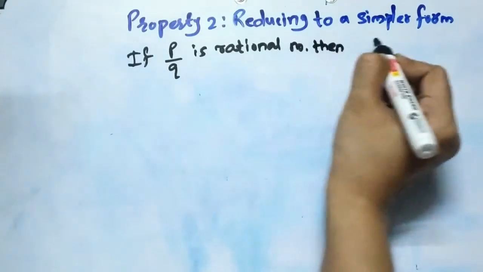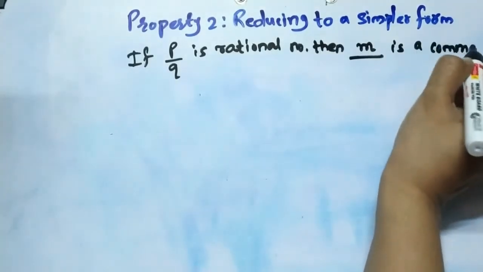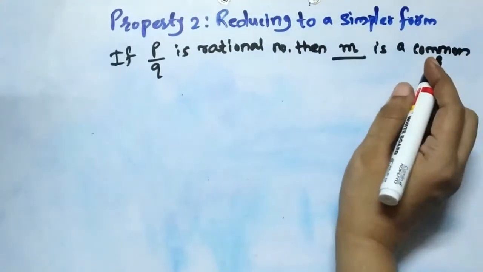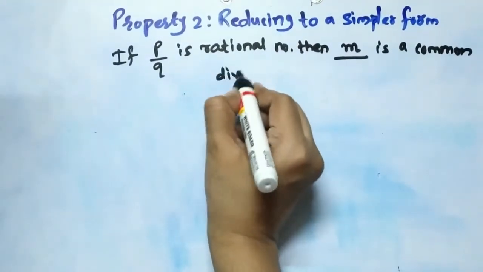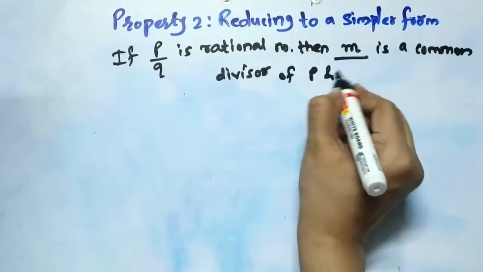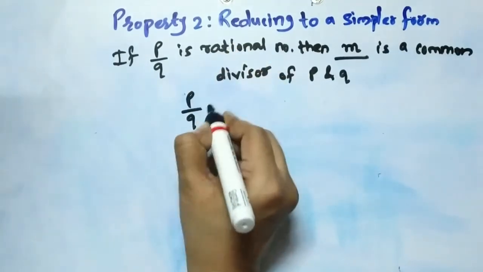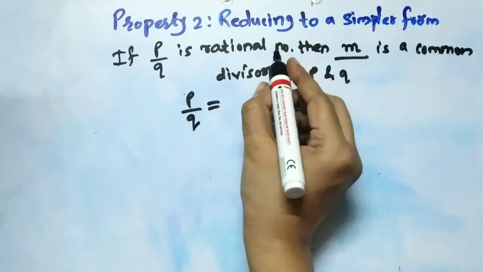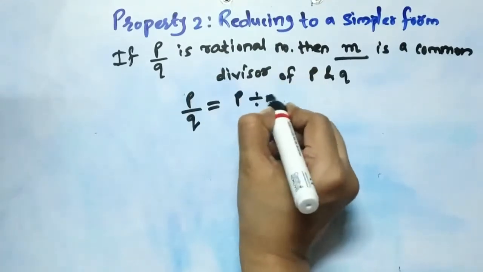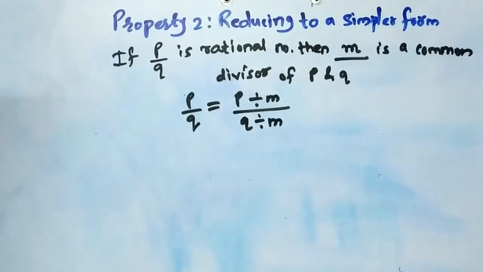Then suppose this m is a common divisor of p and q. Then we can write p by q as p divided by m over denominator q divided by m. So here this m is a common divisor of both the integers, so we can reduce it to the simpler form.